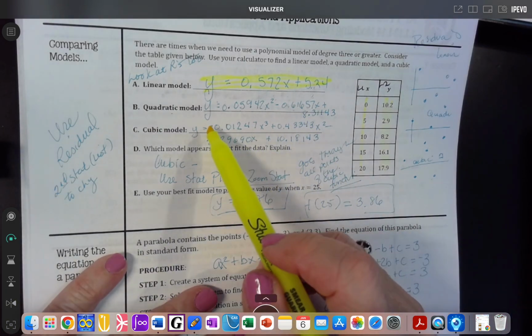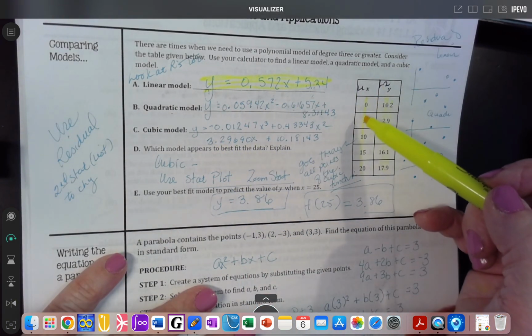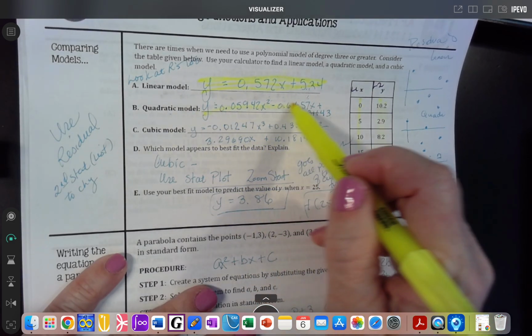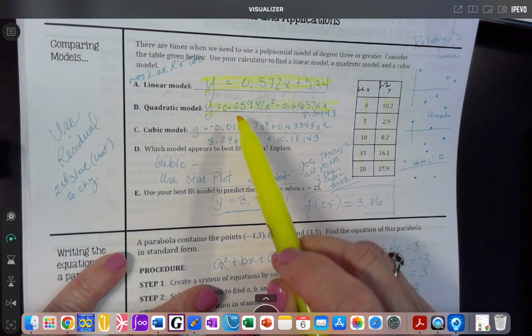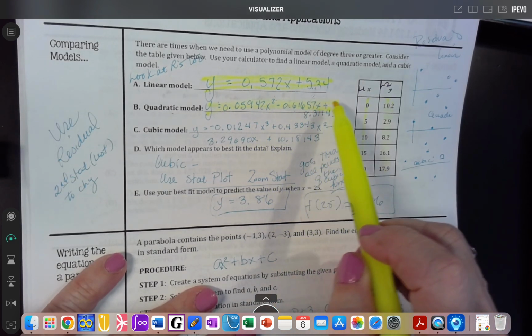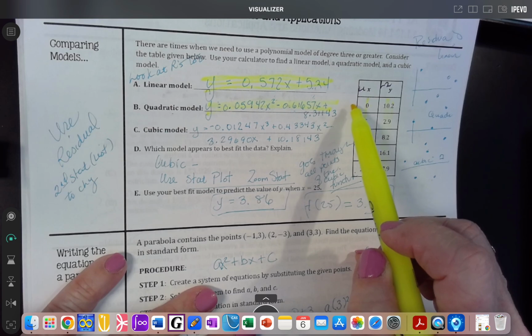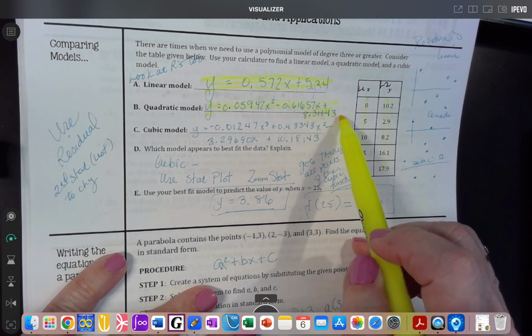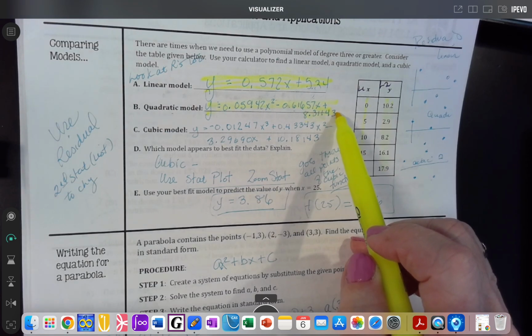And then for the quadratic model, you would just go back to stat calc and pick quadratic, and you should have gotten this one: 0.05942 x squared minus 0.61657x plus 8.31143. So that's the quadratic model.